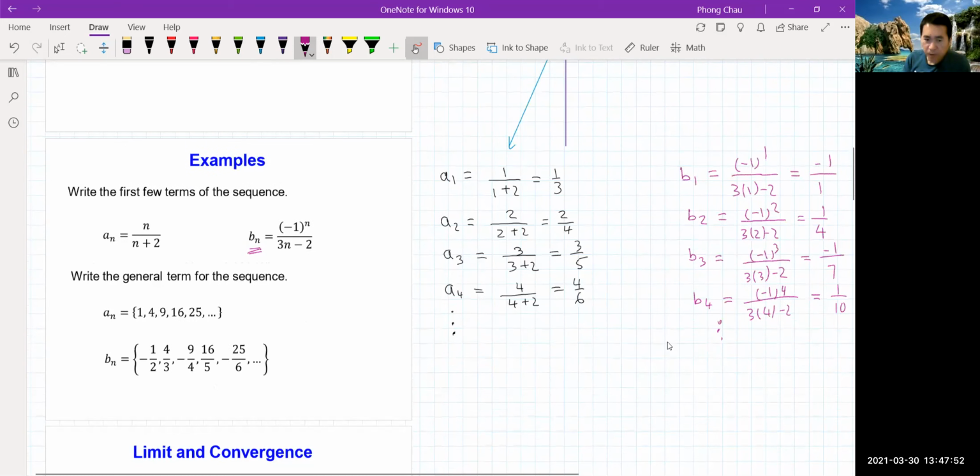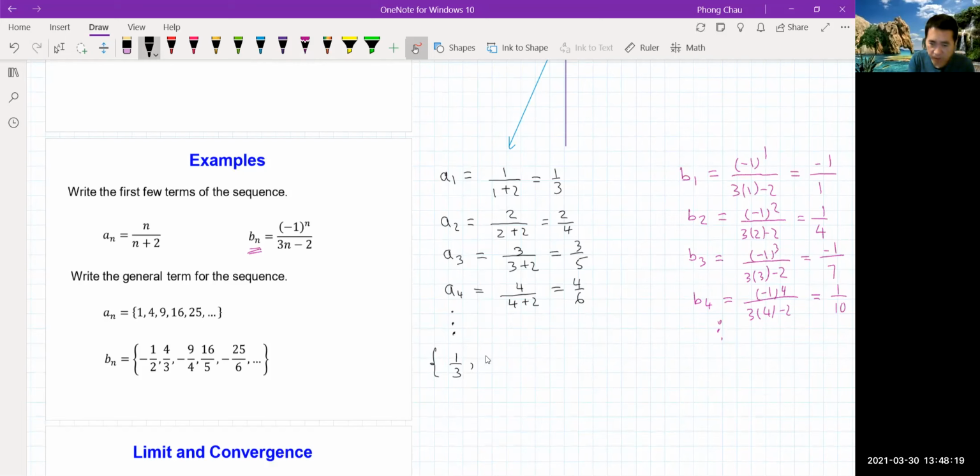Now, when you do this, oftentimes you want to figure out the pattern, so you can continue to write the next number without doing the math. So for a sub n, if you write out the list explicitly, it would be a third, then the second term.